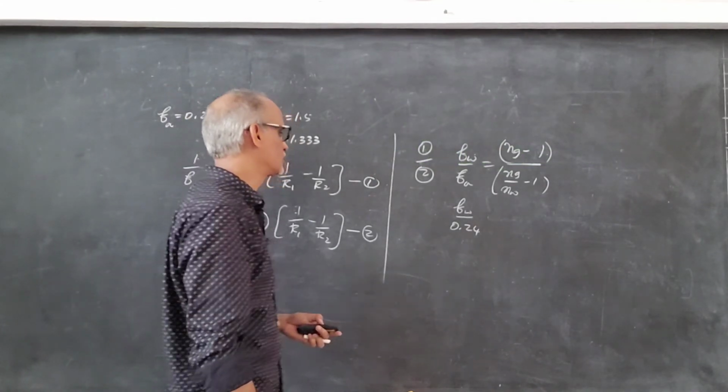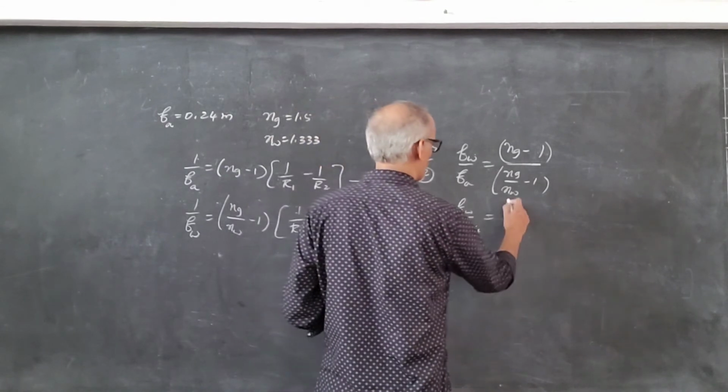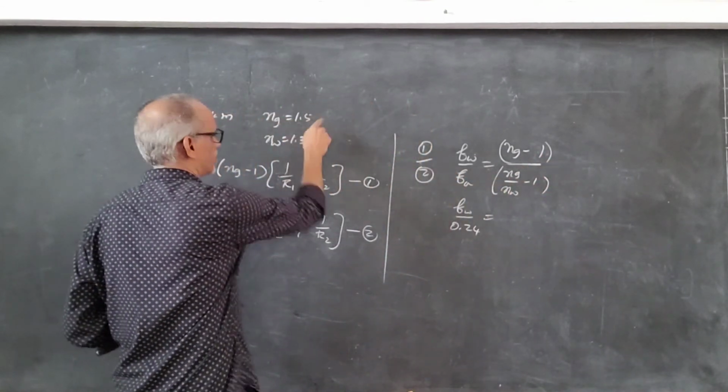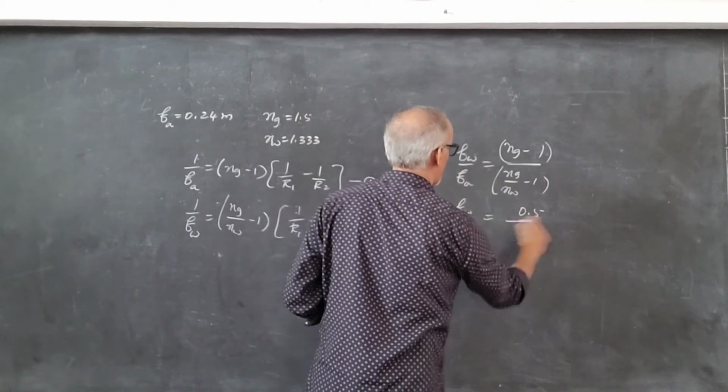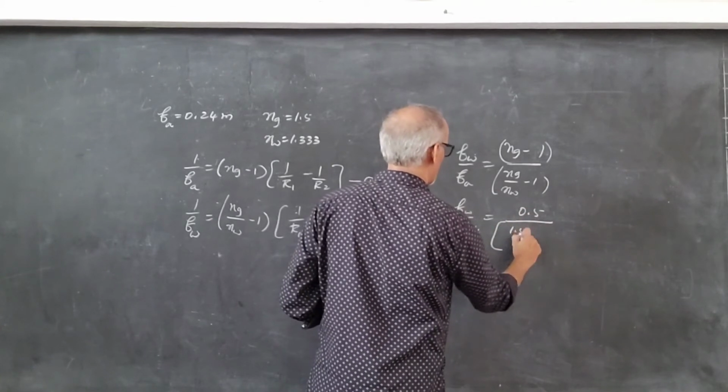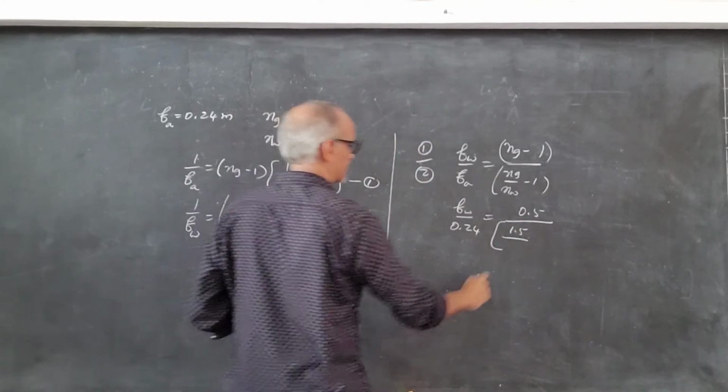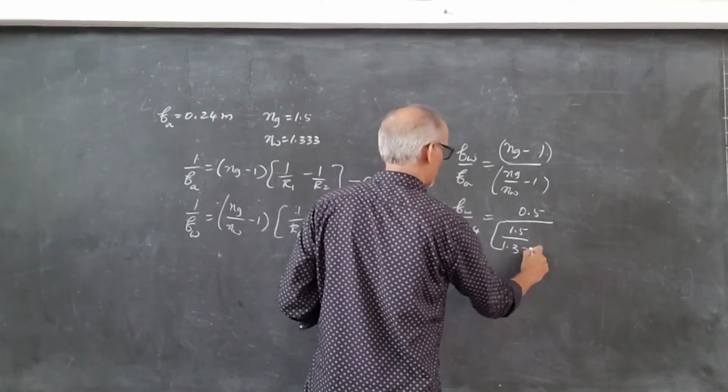So Fw by 0.24 is equal to (Ng minus 1), which is 1.5 minus 1, which is 0.5, divided by (1.5 divided by 1.333, minus 1).